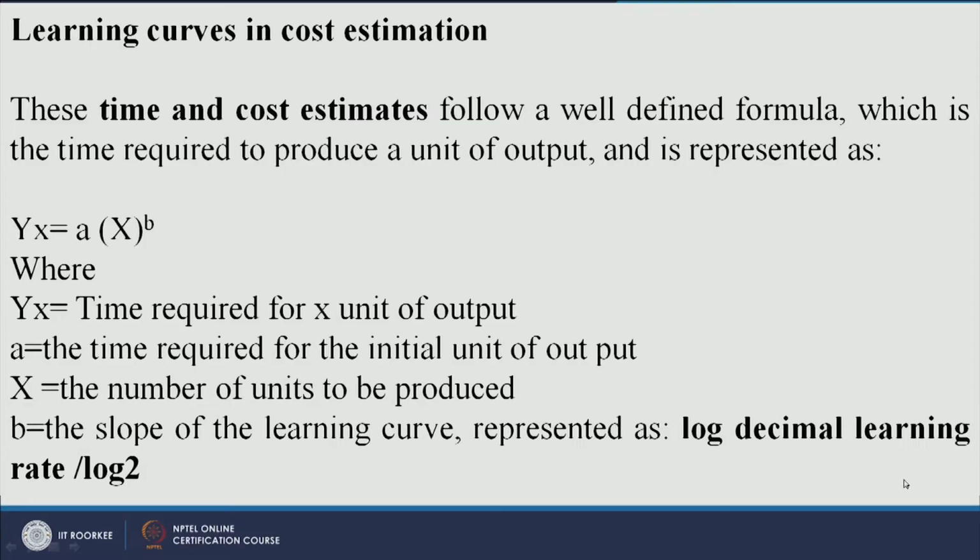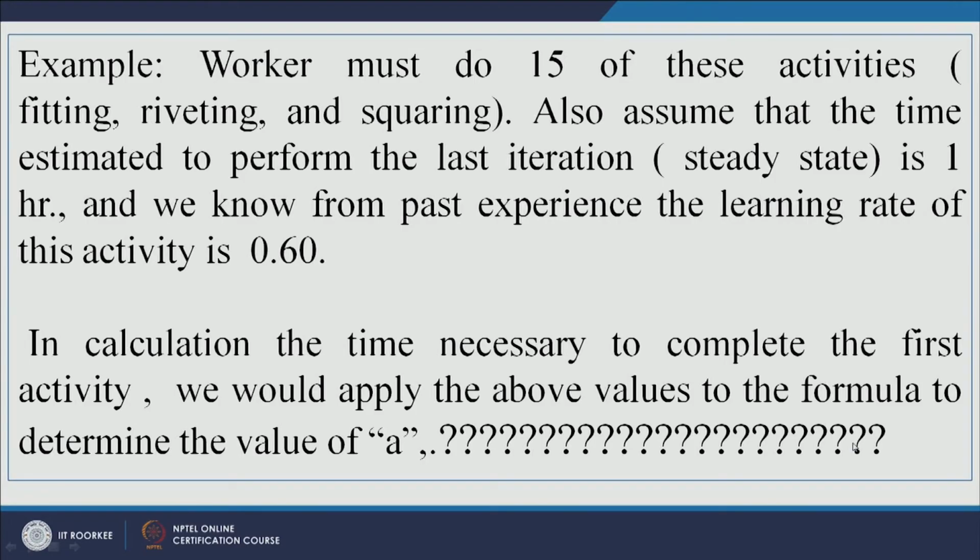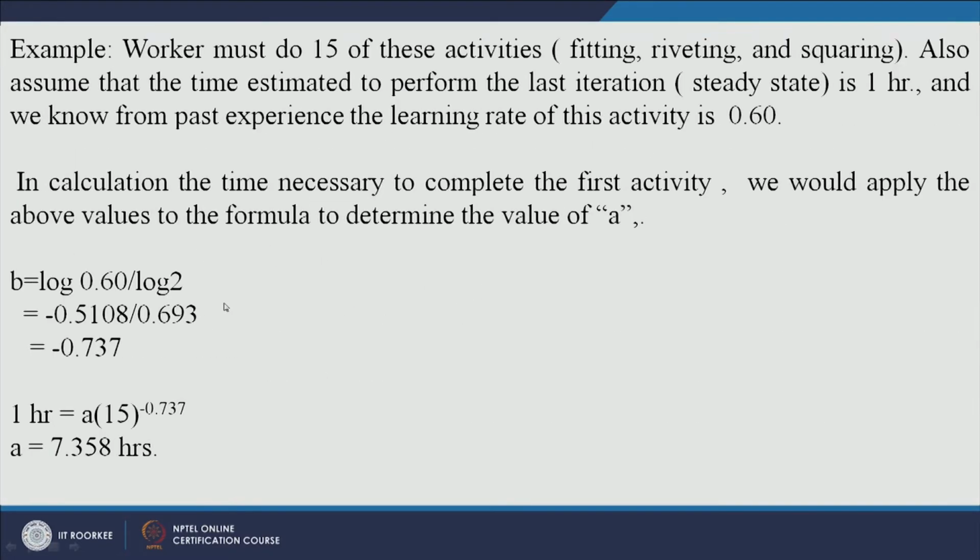In fact, you have to calculate the natural log, not just simple log. So, the B value is what? It is 0.60 divided by this. So, you have to take the natural log of this, you will get minus 0.5108 divided by 0.69, and this value of B is minus 0.737.